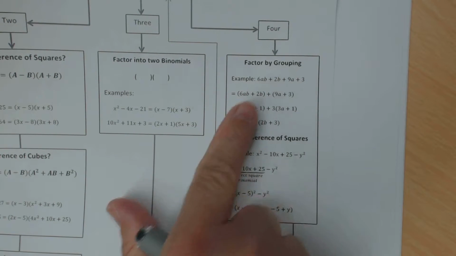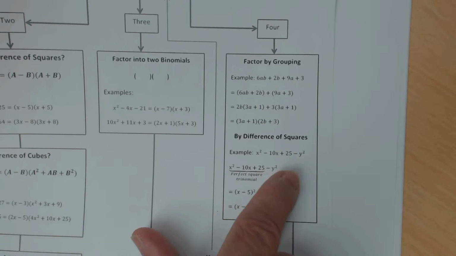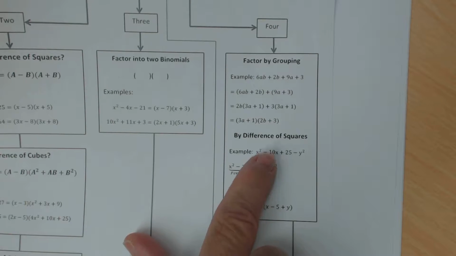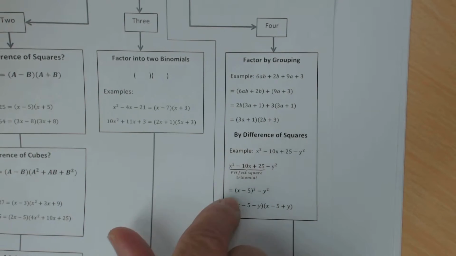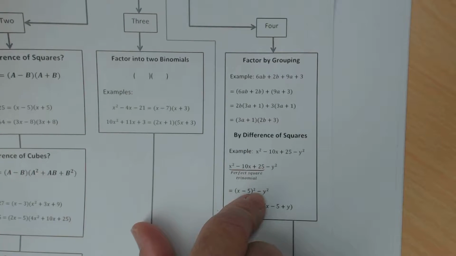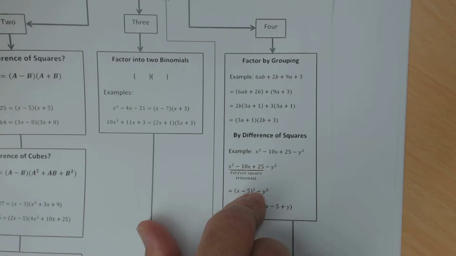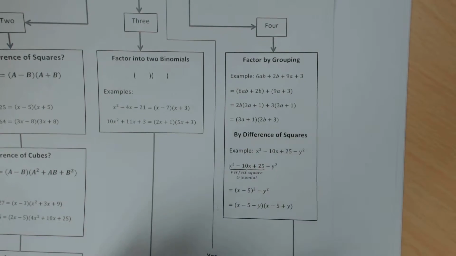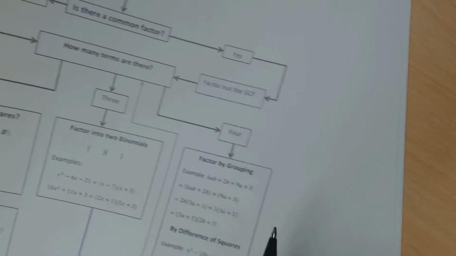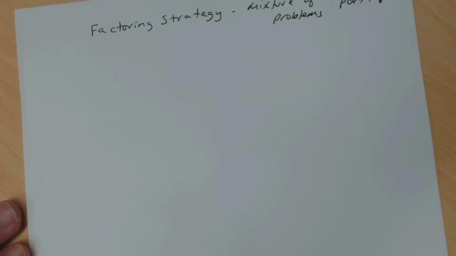Okay, and so this we won't do in here, but it is a possibility in college algebra. So we'll look at this in college algebra when we get to the factoring, which is a very small portion of one of the chapters. Okay, so as we go through this, we're going to look at this flow chart. Okay, so let's look at this example.